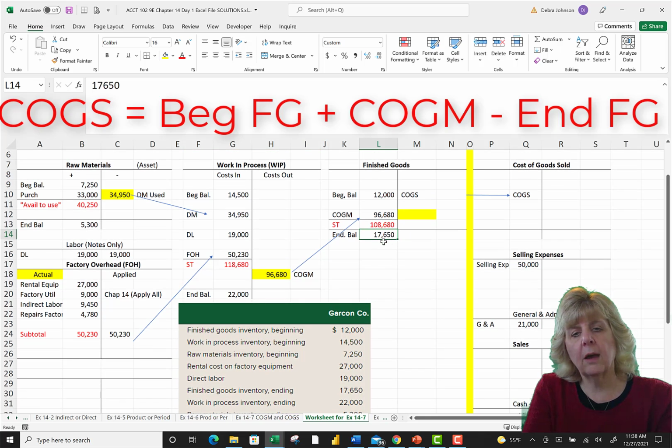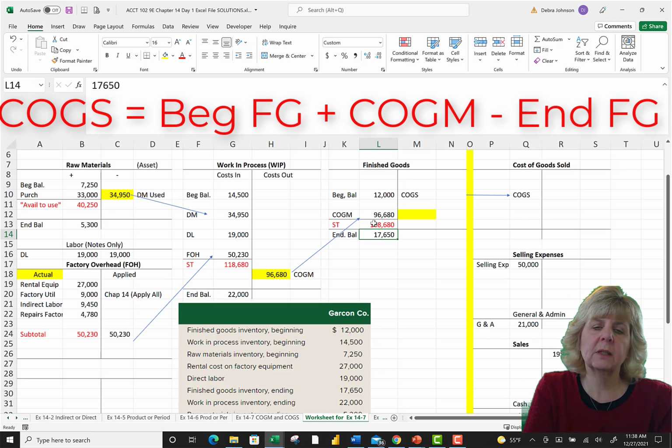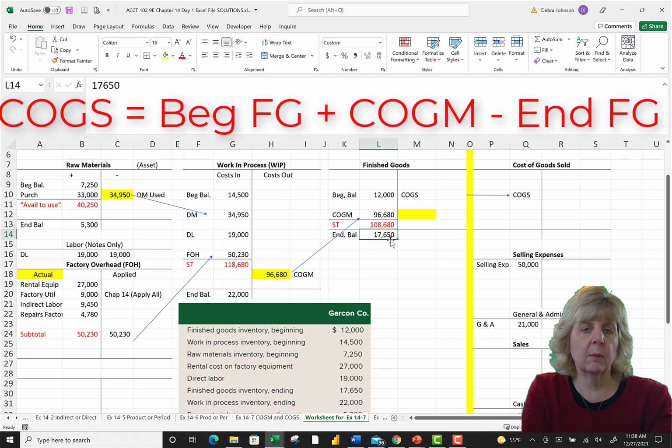Well, not all of those goods remained at the end of the period. How do I know that? They gave us an ending balance of 17,650. So if this is how much was hanging around in finished goods during the year, and at the end of the period, this is how much was still left unsold, because remember what finished good means. They're goods that are completed and ready to be sold.